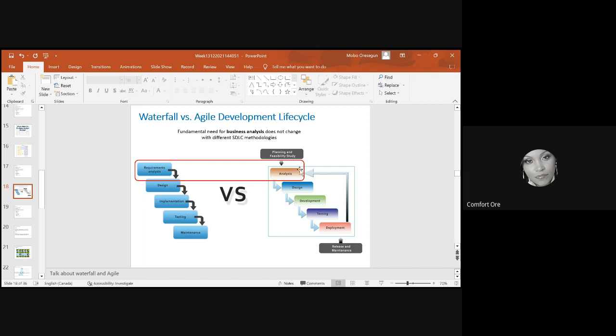When it comes to the agile environment, you can understand the issue, then design a solution, then you develop or model the solution, and then you test it before you implement or deploy it.